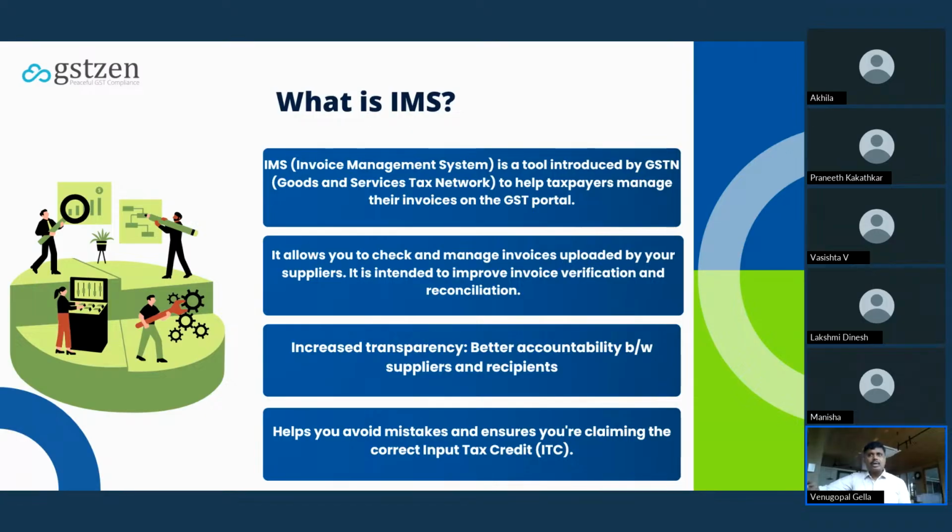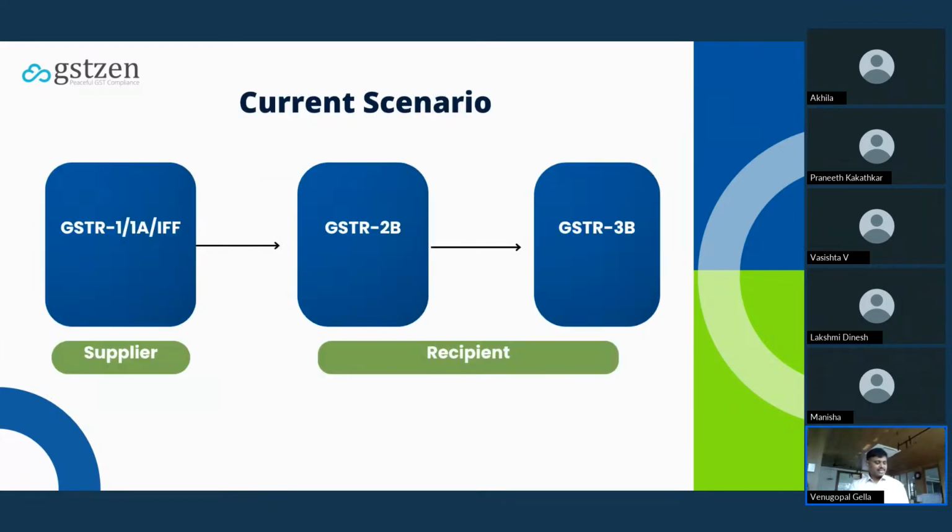Now, this is made to ensure improved reconciliation, taking credit, bringing better accountability and transparency. That's the intention of bringing this system. So how was the scenario before IMS: supplier filing the GSTR1, recipient taking the credit if it is visible in 2B.